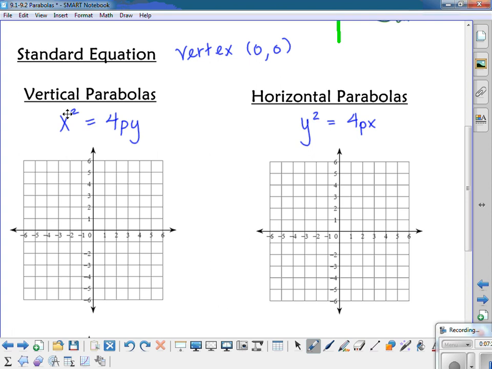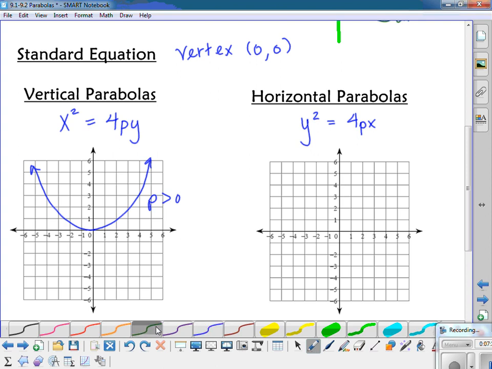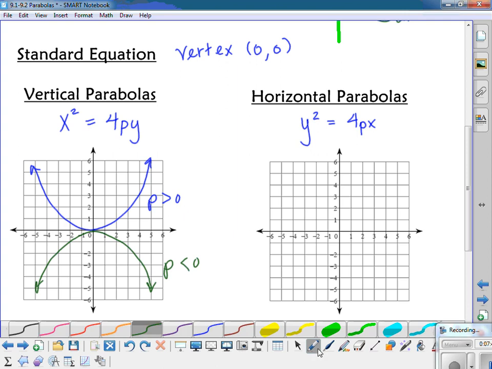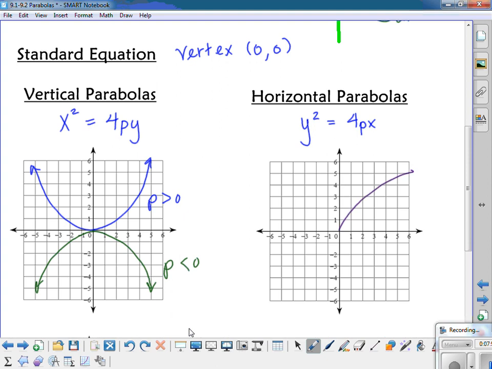If p is greater than 0, then that means that my vertical parabolas are going upwards. And if p is less than 0, then my parabola is pointing down. For the horizontal parabolas, if p is positive, I'm going in the positive x direction, so it's going to the right.